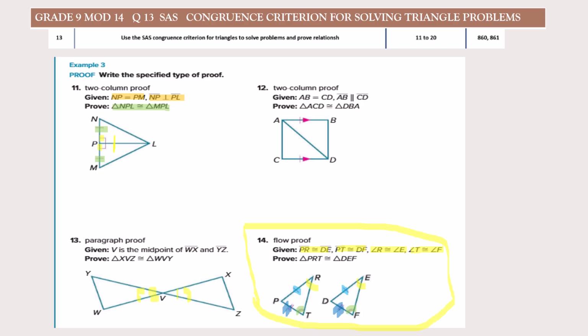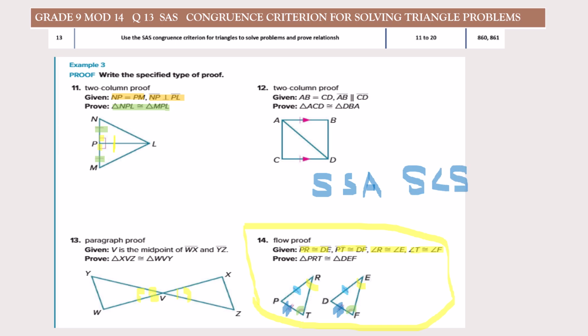So now if we have to look at a reason as to how to conclude this, we have a side, we have a side, we have side, side and angle. But remember, when we have to do a proof, it has to be an included angle. It has to be an included angle. So side, angle and side.